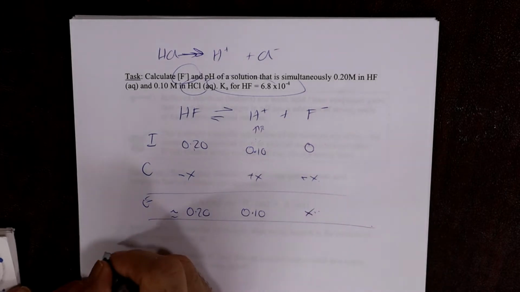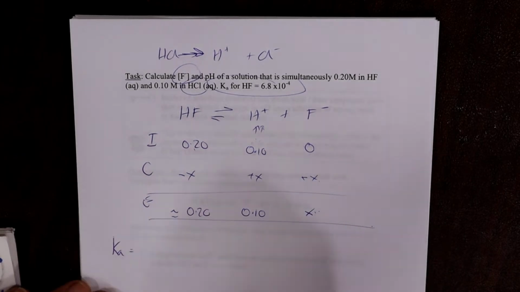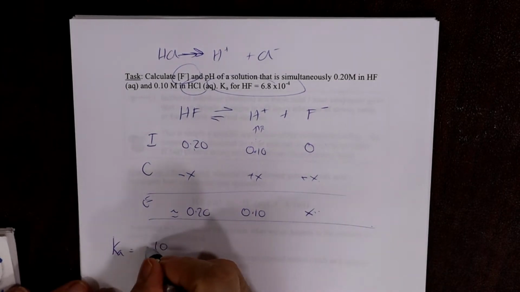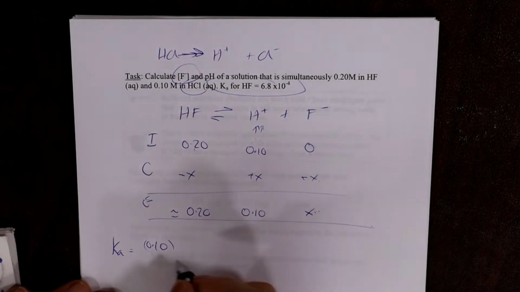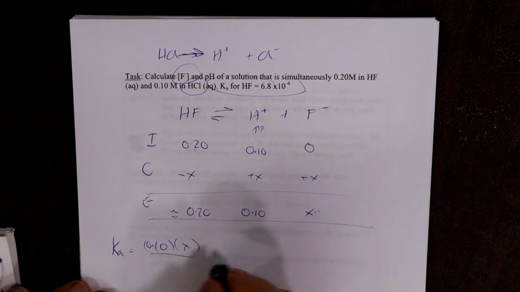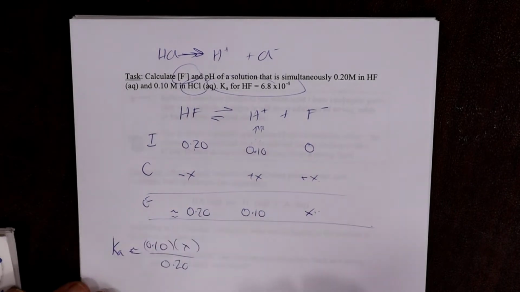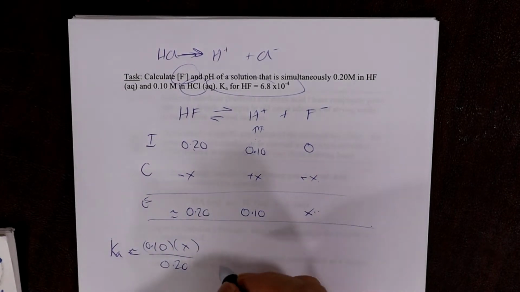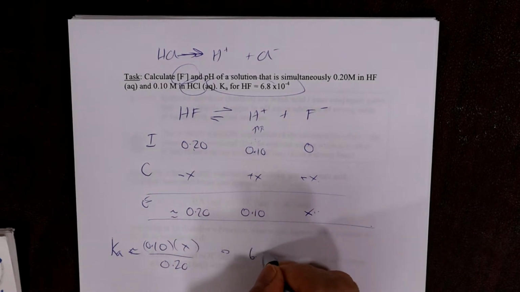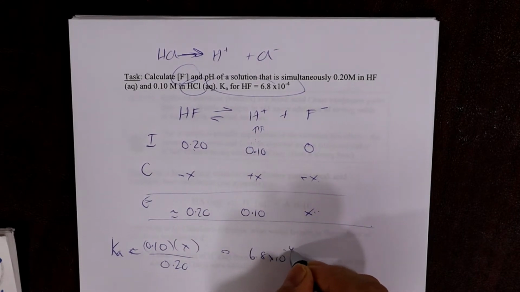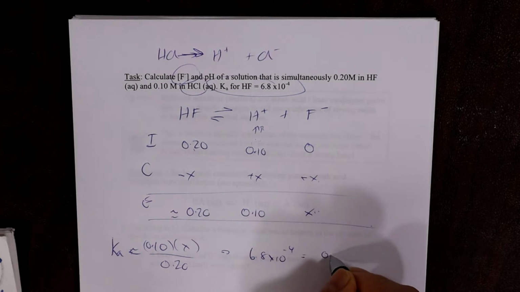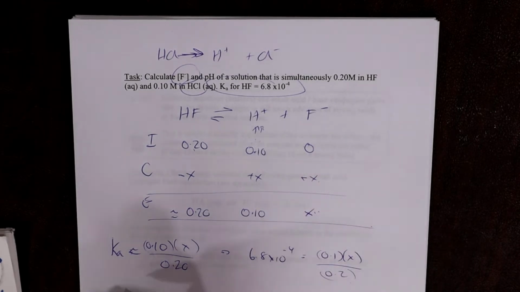Okay, so Ka equals products, 0.1 times X over 0.2. We should probably do that, right? Therefore, 6.8 times 10 to the minus 4 equals 0.1 X over 0.2.